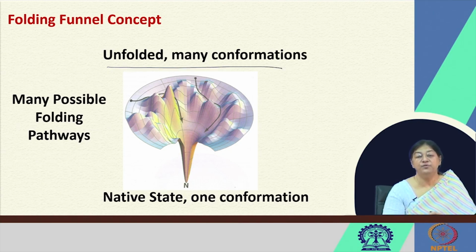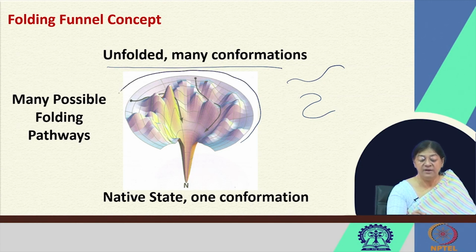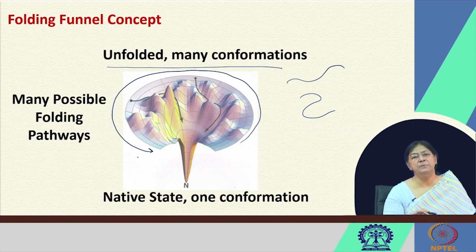So, we have the unfolded protein. There are many conformations of this protein, resulting in many possible foldings. So, there is this folding funnel, which we will revisit later on. There are many unfolded conformations here. All of these are the same polypeptide chain, but folded in very different manners. What it does is there is finally one native state, one conformation.